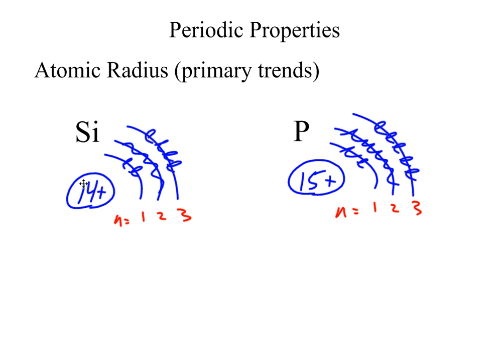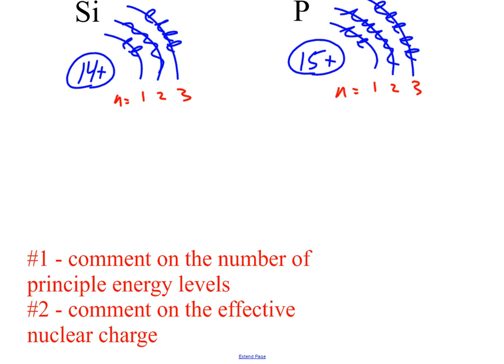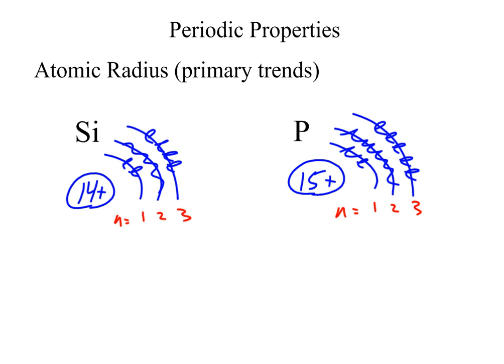So at first glance, we might be tempted to think, all right, well, we have more protons, more electrons, the phosphorus is going to be the larger atom. But let's go through our logic. Remember, the two things that we need to comment on are, 1, the number of principal energy levels, and 2, the effective nuclear charge on the valence shell electrons.